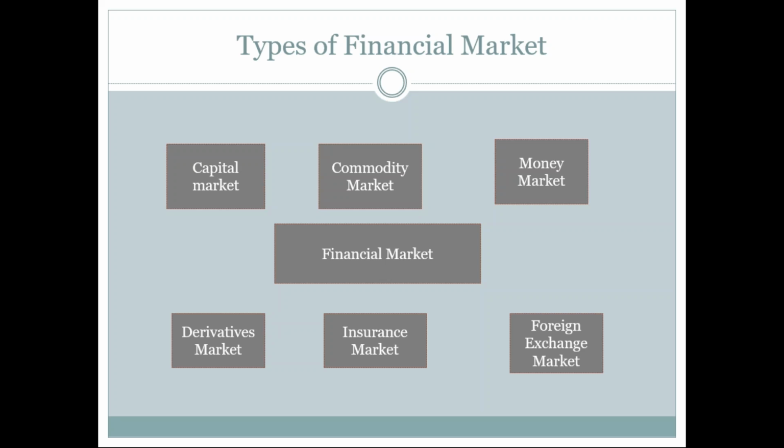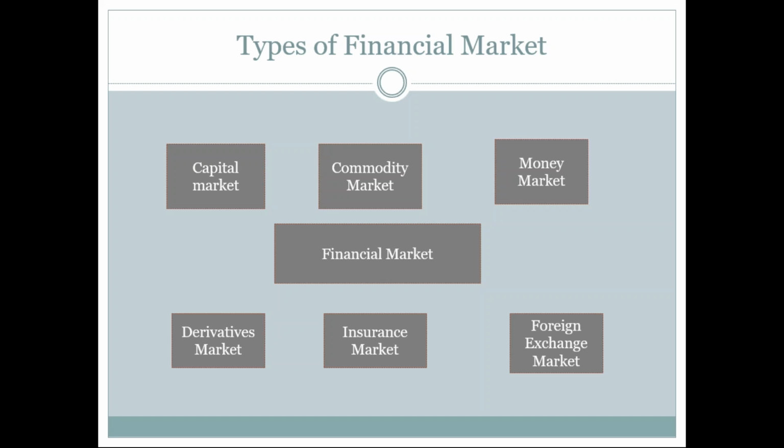Then there is the forex market, the foreign exchange market, where people like you are selling dollars for money. Suppose there's a broker who's selling dollars at 60 rupees per dollar, while the actual value is 65, selling at a higher rate and buying at a lower rate.